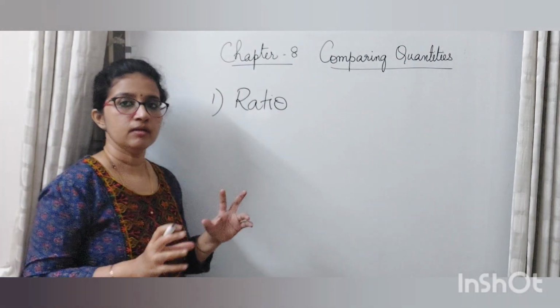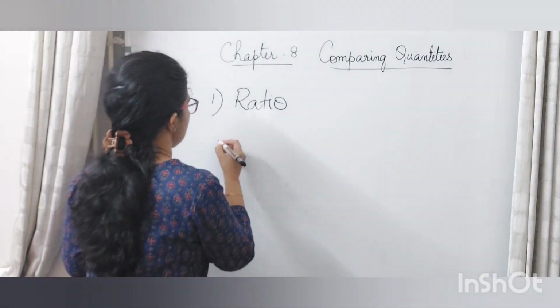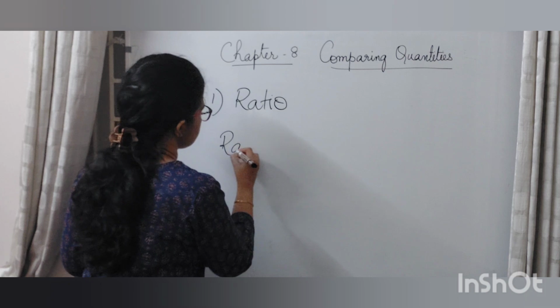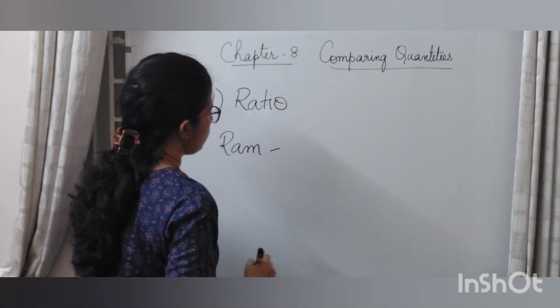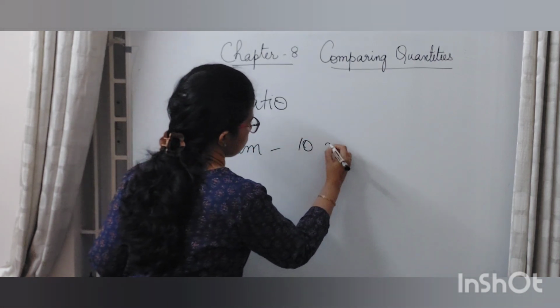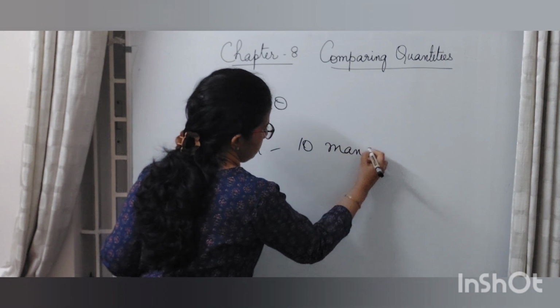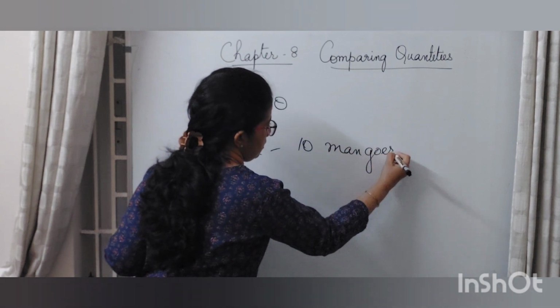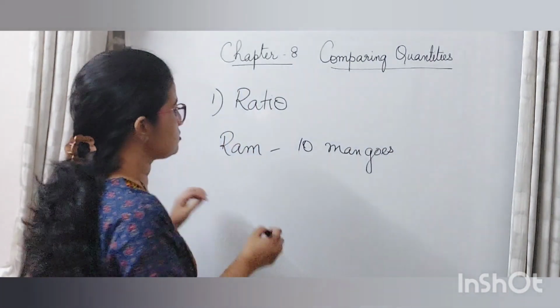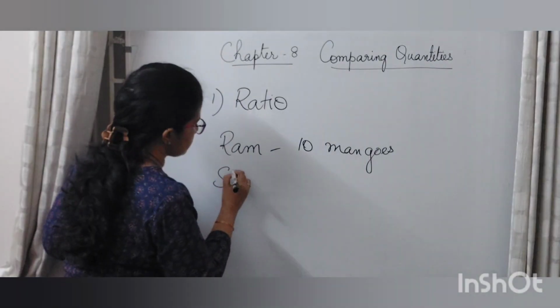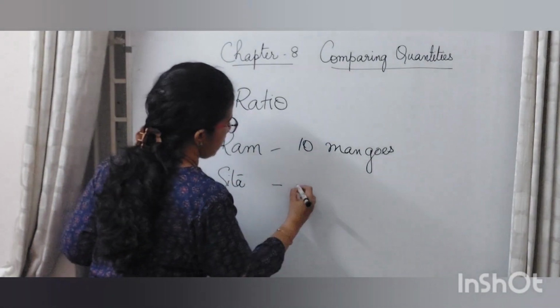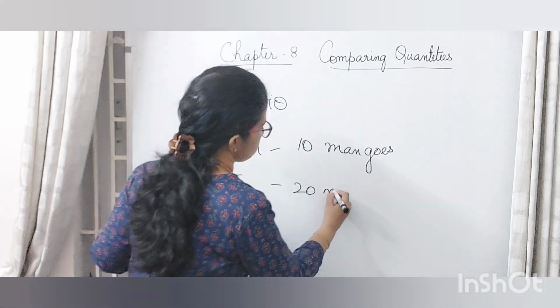For example, suppose Ram has 10 mangoes and Sita has 20 mangoes.